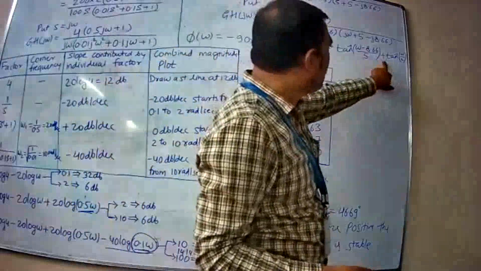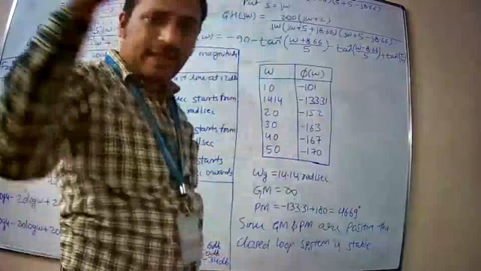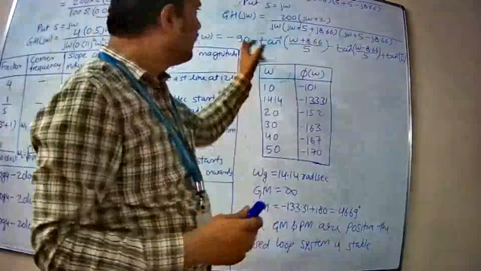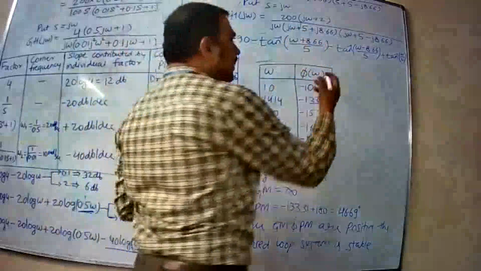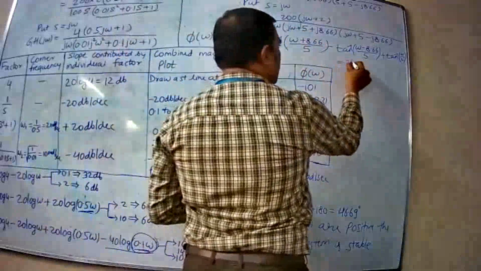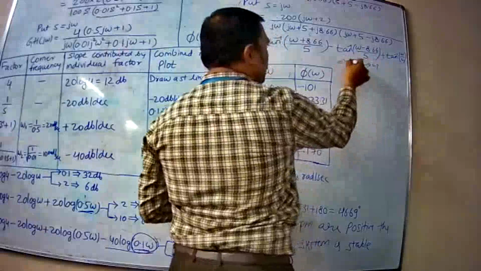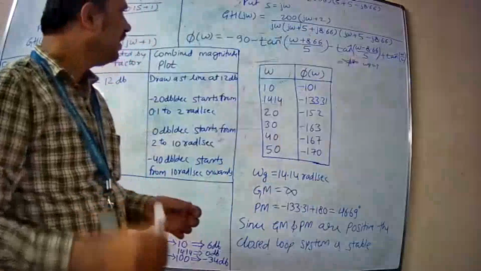For that minus 270, if you add plus 90, it becomes minus 180, but only for higher values of omega. Hence you are not getting minus 180 in this problem, so it is not necessary to equate this equation to minus 180 and find omega p. You will not get the omega p value. That is also important in this problem.